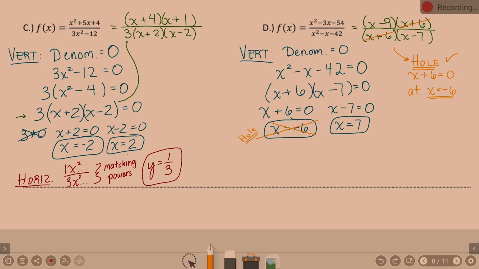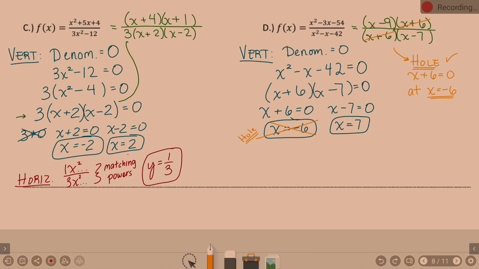It just means there's a blip in the graph, a missing spot in the graph. X equals 7. Is that still a good vertical asymptote? Yeah, it is. So when does the factoring matter? When there's something that cancels, because it's going to eliminate one of my vertical asymptotes. Are we understanding what I'm saying here?